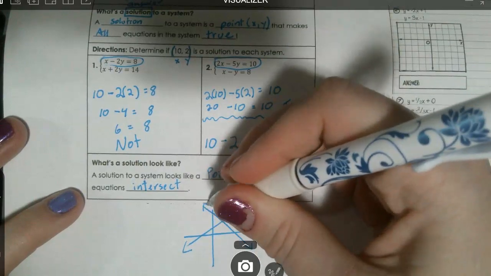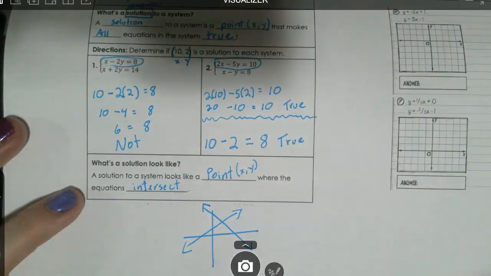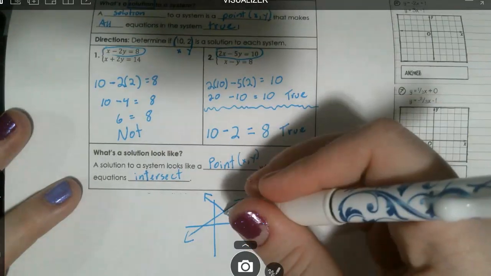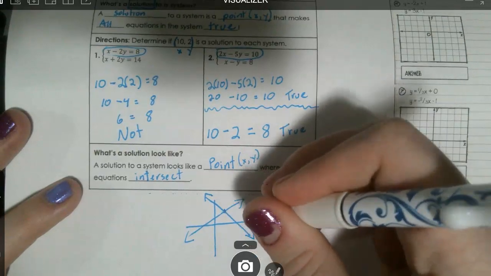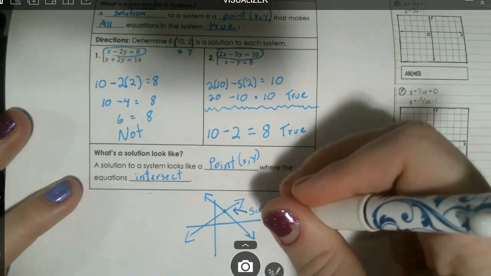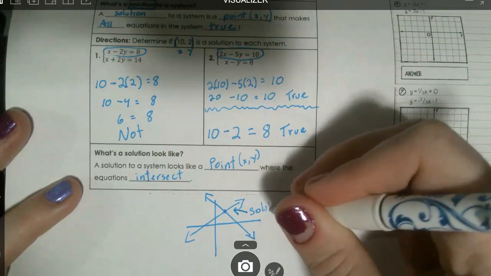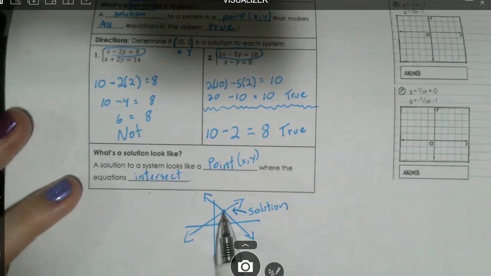This is a system of equations because it's two equations that we've graphed, and the solution is where they intersect right there. That point tells me that they are true in both equations. So we are looking for this point to be the solution.